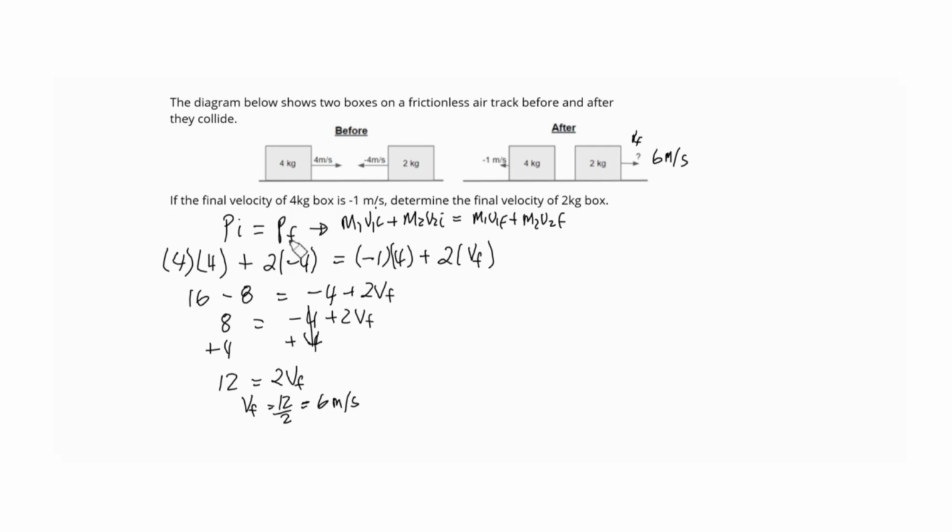Really important that we pay attention to the signs here, and if it's any velocity moving to the left or any speed towards the left, we would consider that with a negative sign, and to the right with a positive sign. Okay, let's look at one more example.